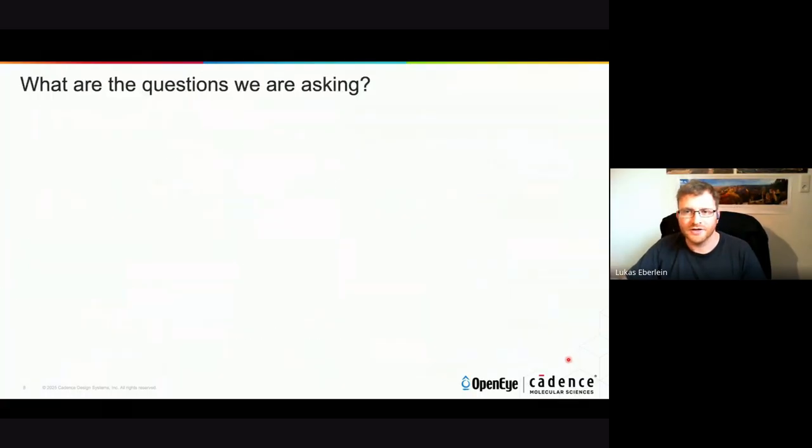There are a few questions that we are asking in order to answer whether or not we can develop a solution for detecting and ranking cryptic pockets. These questions start out with, where might a ligand bind? Given a protein molecule, the simplest question is, on this protein, where are the possible sites where a ligand could potentially bind?